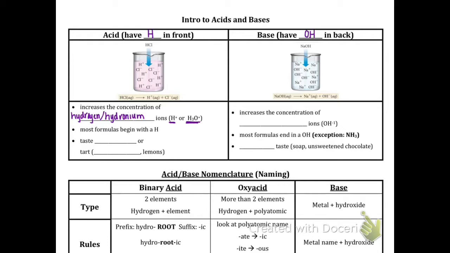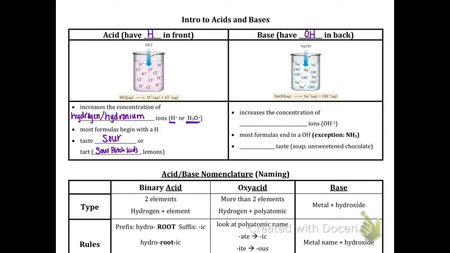This one is called hydronium. You just have to know that they are interchangeable. So all of these acids are generally going to start with a H for hydrogen. They usually taste sour, okay, or tart. So think like Sour Patch Kids or lemons. Those are your example of acids.